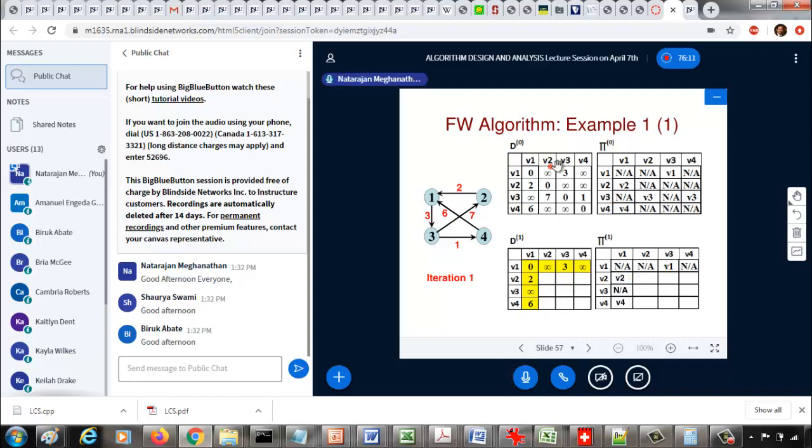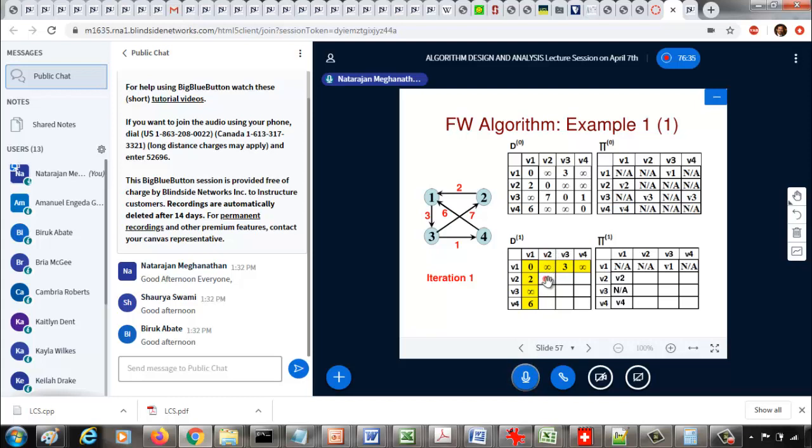Now let us do this. Currently this entry is 0. In order to see if we can reduce from 0 further down, we have to add the corresponding values. From the cell, you draw a horizontal line to the highlighted column and a vertical line to the highlighted row. Where they meet, those are the two cells you have to add.